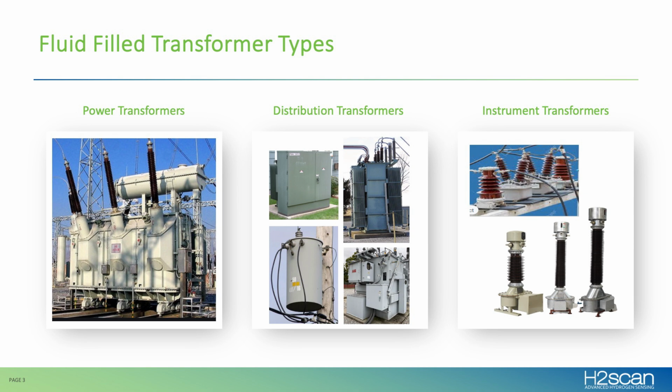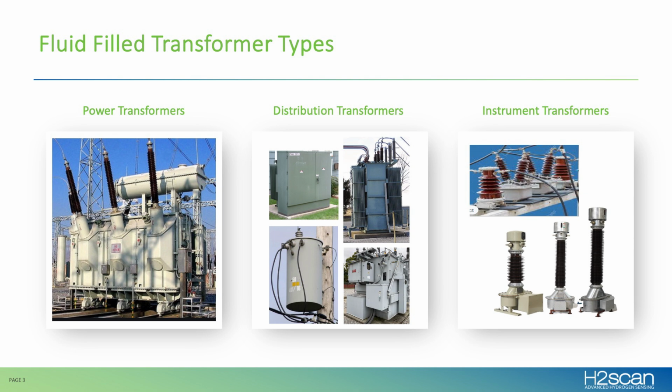And then you have distribution transformers that are smaller, and sometimes you call a 30 MVA a distribution substation transformer. Those can look like smaller versions of large power transformers. They can be pad mount transformers, pole top transformers. So there's a variety of different transformers that we call distribution transformers.